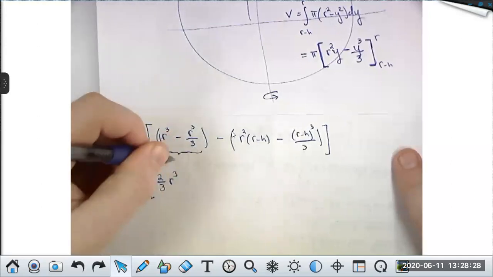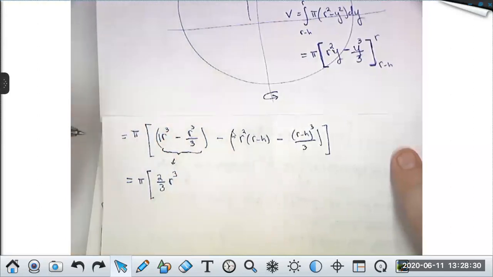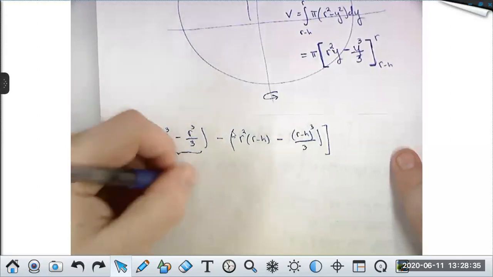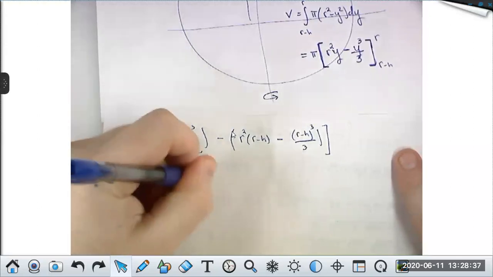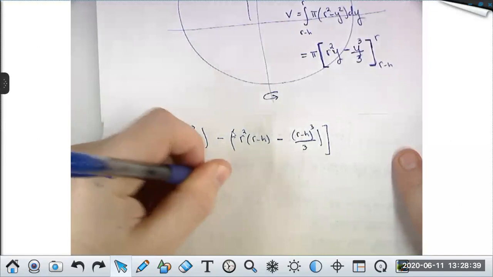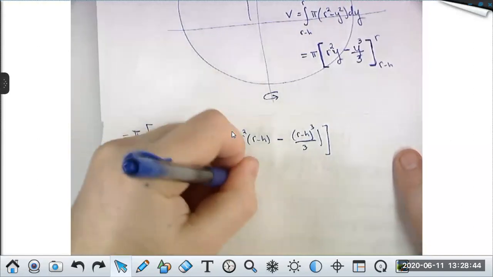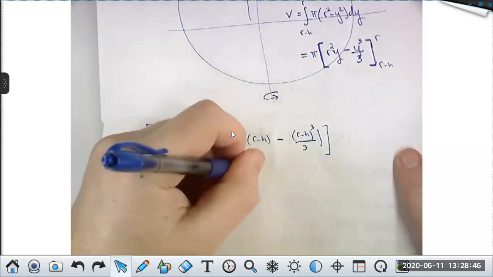No, shoot, you're right. That one's not too bad. Over here, it gets a little bit hairier. Because you're going to have R cubed minus R squared h, if you simplify that out.